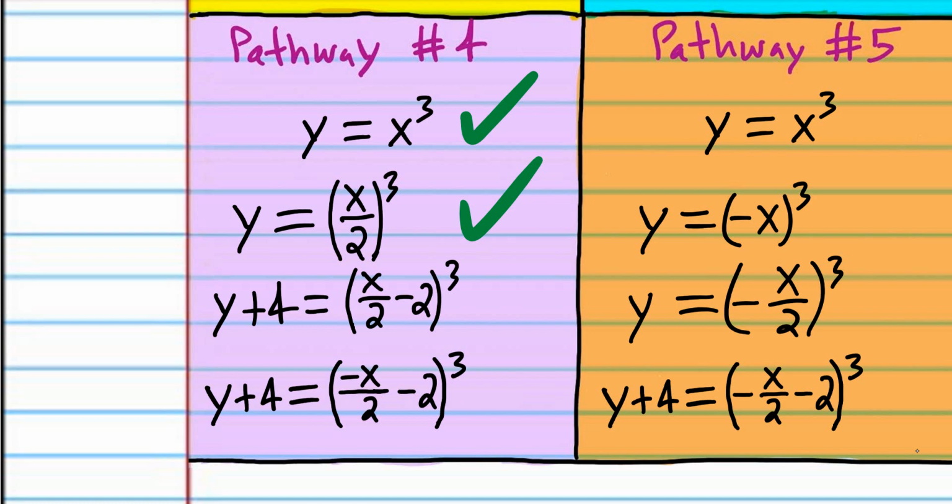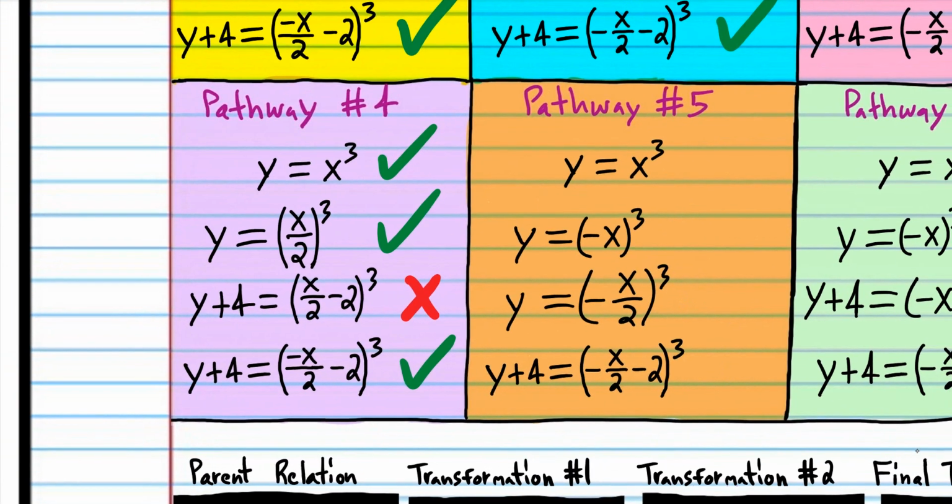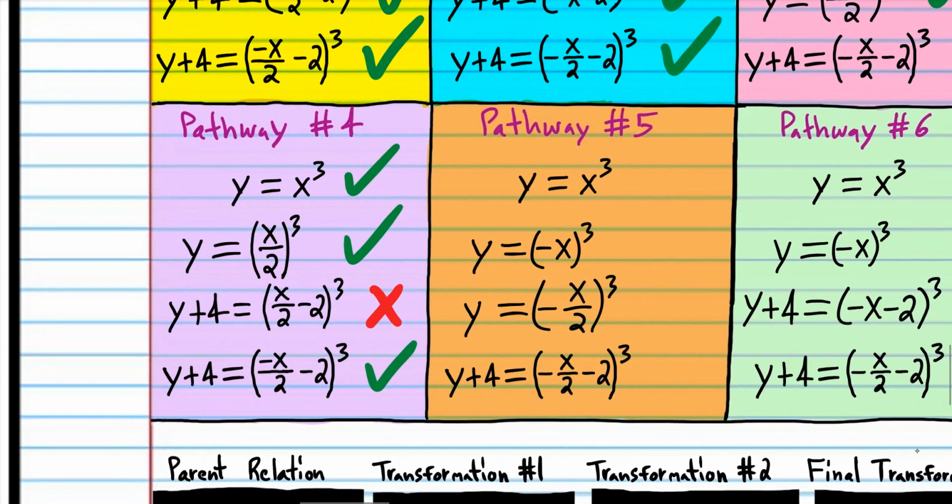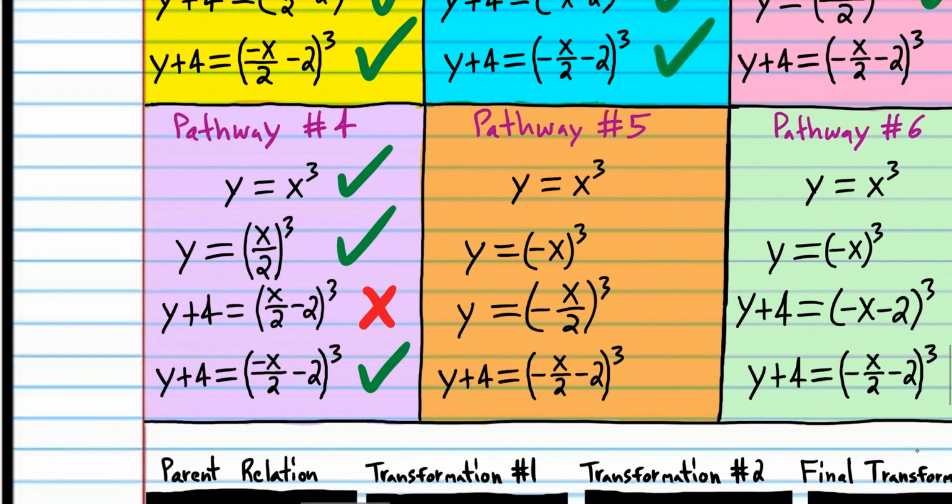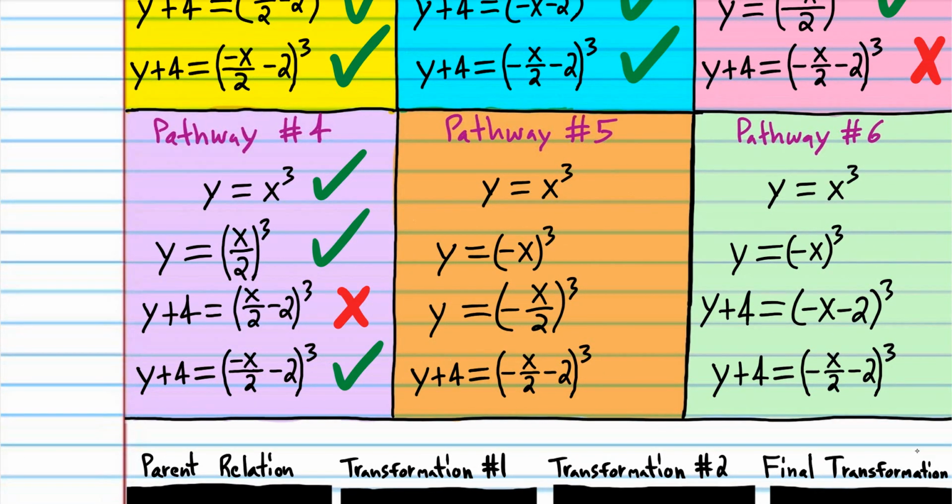But then we have a problem. We're going to subtract 2 from x over 2. The transformation properties don't tell us what to do in that situation. After that, we replace x with negative x. That's okay, but the third step there, or second step, however you want to number the steps, that's not going to work.